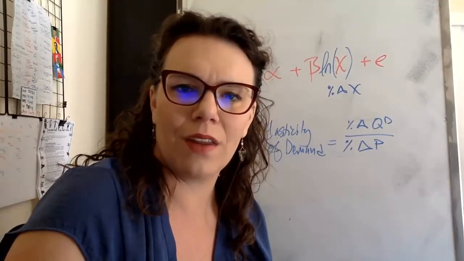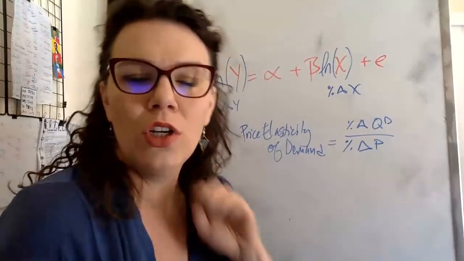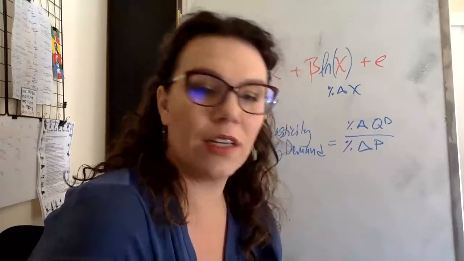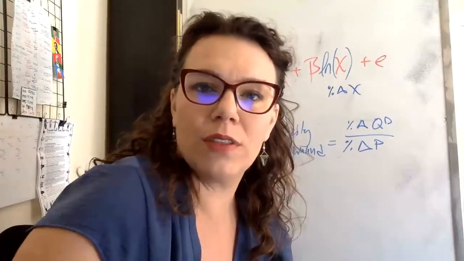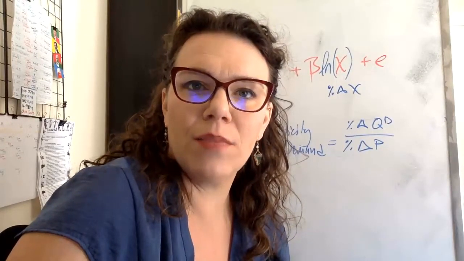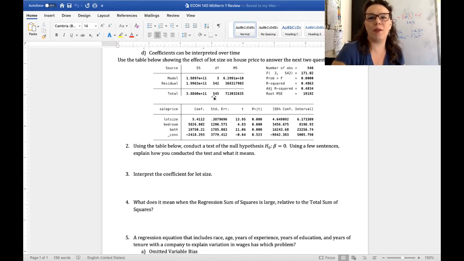So the next part gives a regression table showing the regression of sale price on lot size, bedrooms, and bathrooms. Here we have the table in the assignment. We have our estimated coefficients, our beta hats. We have our constant, which is our alpha hat right here.